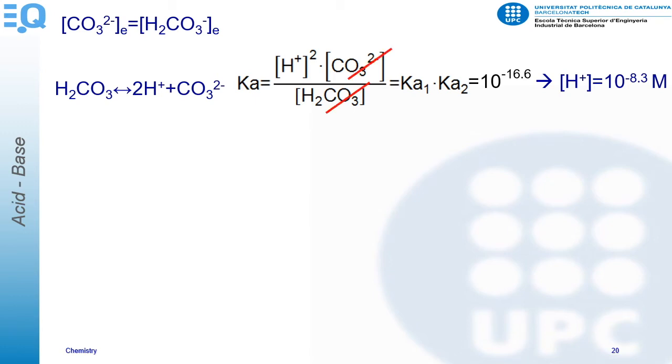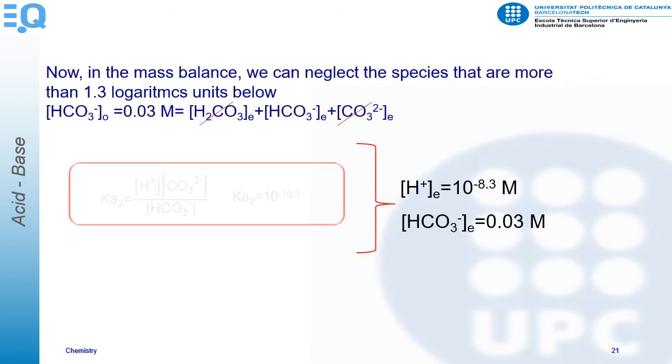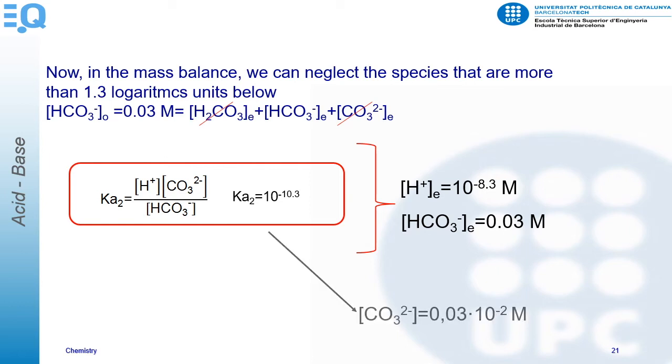When we know the H plus concentration, we can go to the mass balances of hydrogen carbonate, and we can see that we hadn't disregarded the other species, but we can disregard them now because they are in more than 1.3 logarithmic units. The hydrogen carbonate concentration in equilibrium is 0.03.